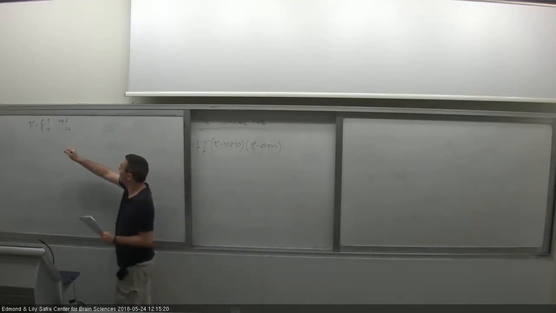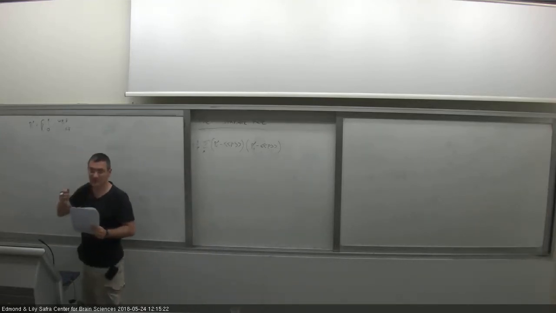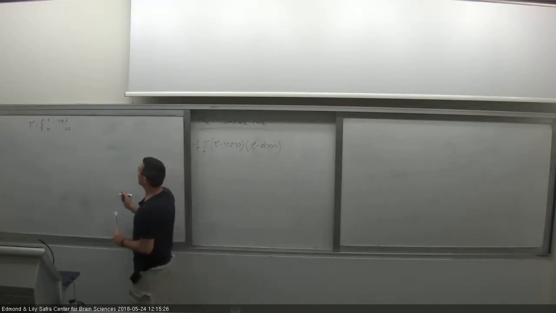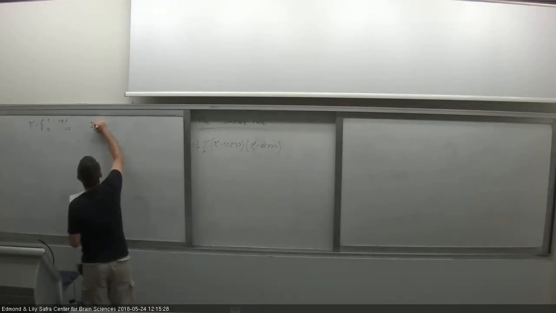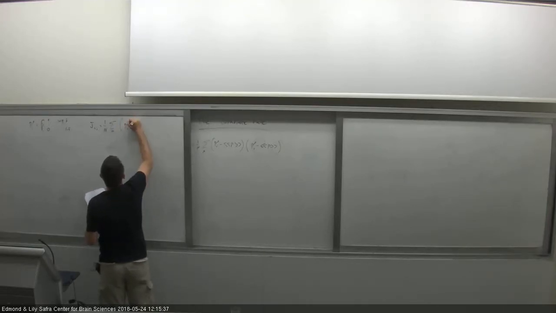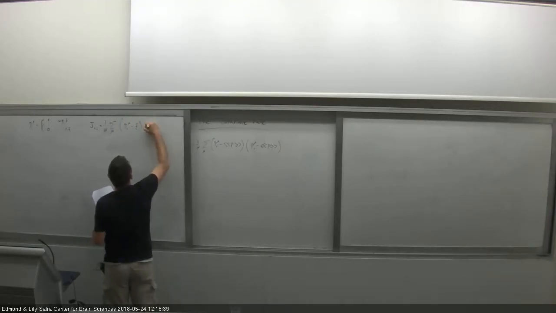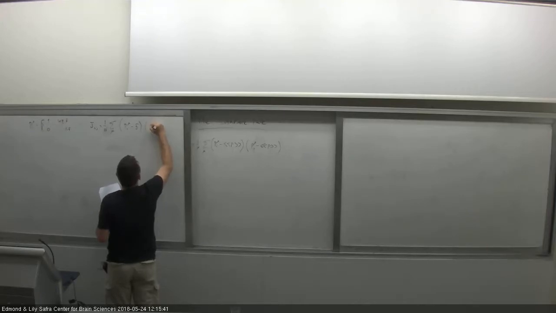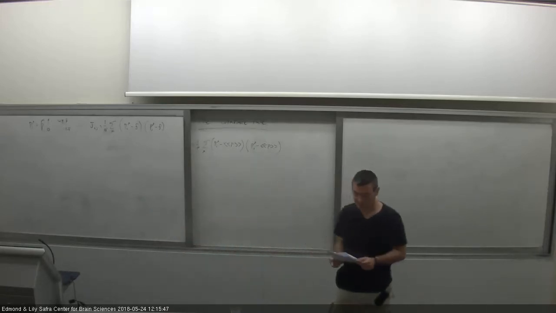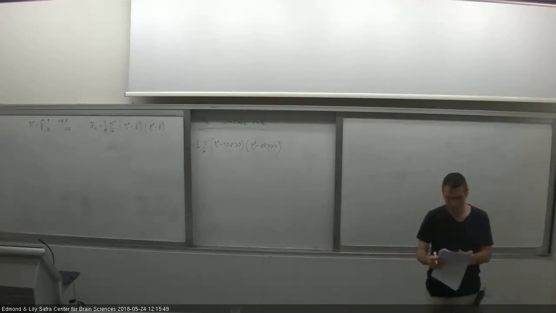And as before, we assume that the different neurons and different memory patterns are independent, and the connectivity Jij is equal to 1 over n, sum over mu, (pi mu minus f)(pj mu minus f). So we incorporate this idea of covariance.